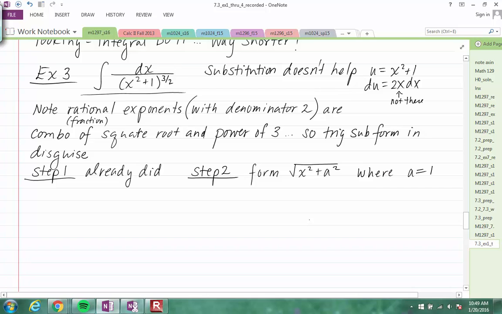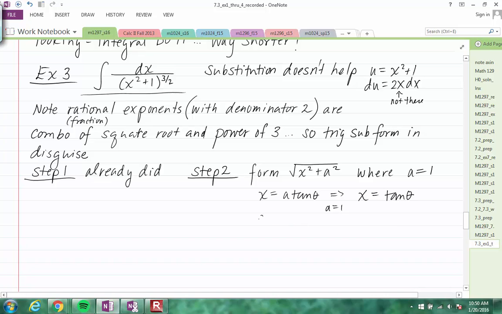Again, on the formula sheet for exam 1, you're told that the substitution you should make is x equals a tangent theta, where a is 1, so this reduces to just tangent of theta. One of the next steps is you're going to have to find dx, since we're going to plug everything in terms of theta into our integral.